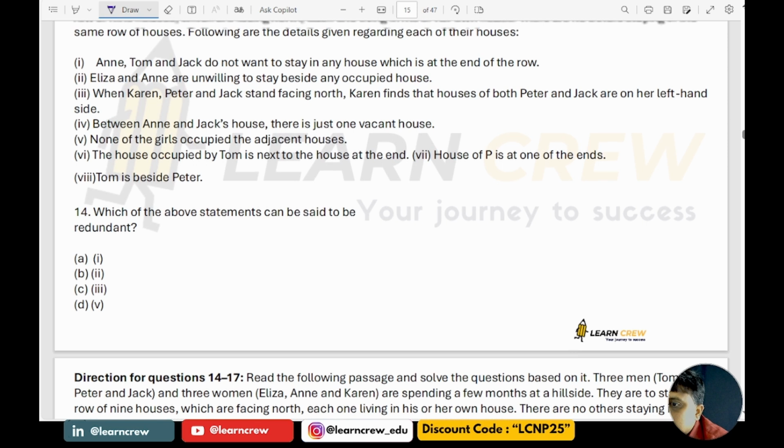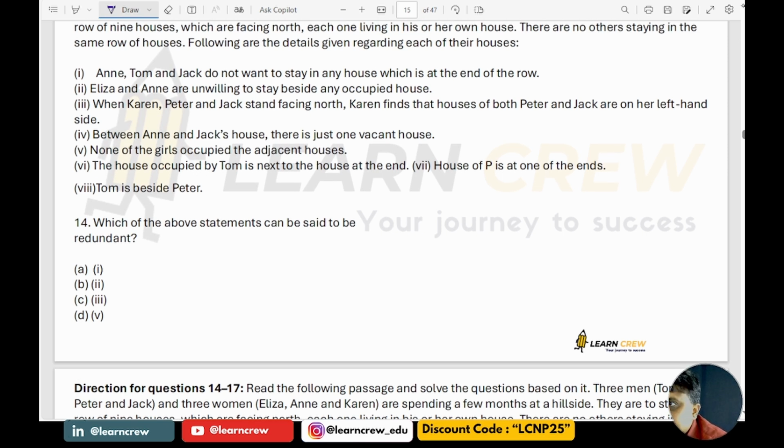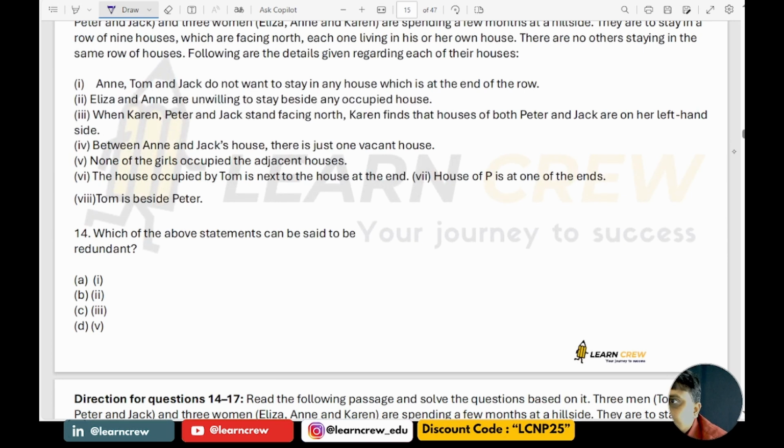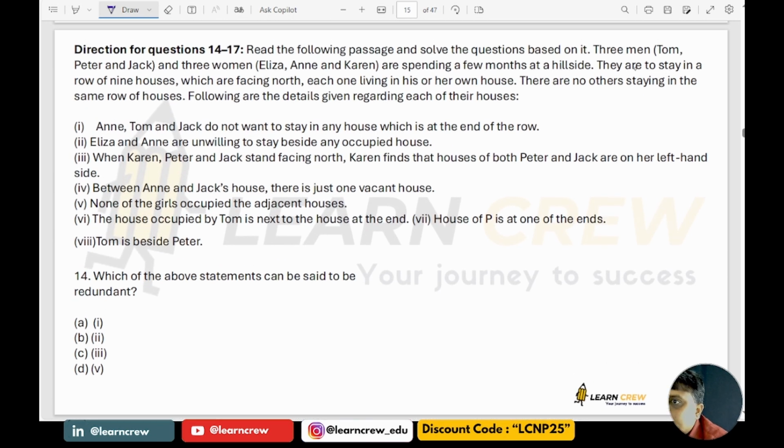Now see, question number 14 to 17. The data: we have 3 men, Tom, Peter and Jack, and 3 women, Elijah, Annie and Karen, spending a few months at a hillside.